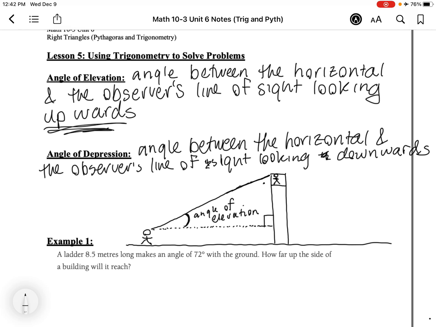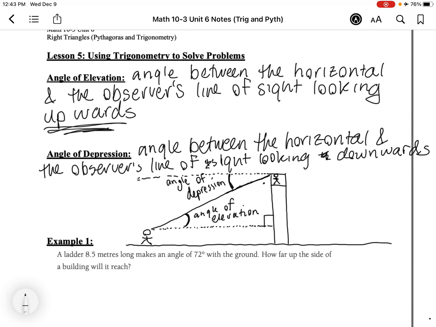Okay, so we also have to draw in this horizontal here. Both of these are always between the horizontal. Okay, this over here is the angle of depression.